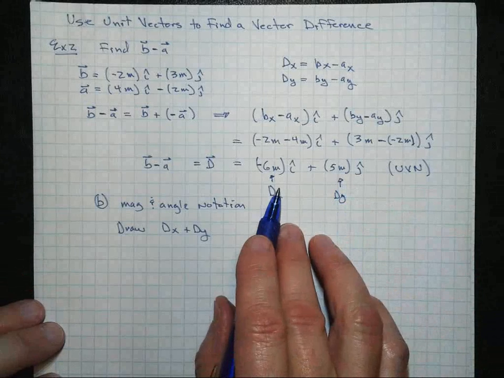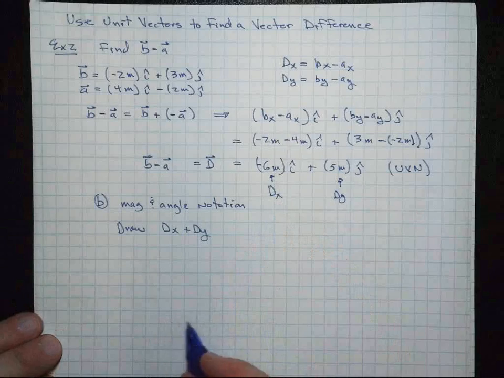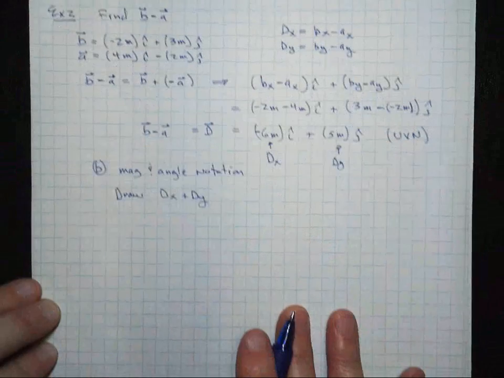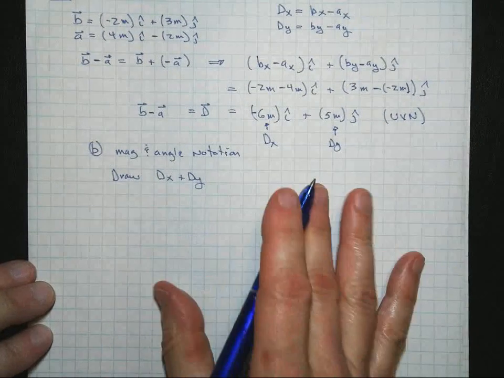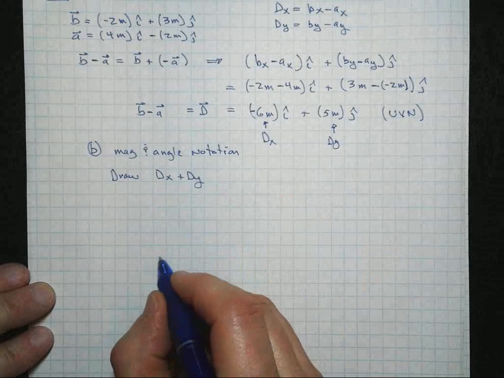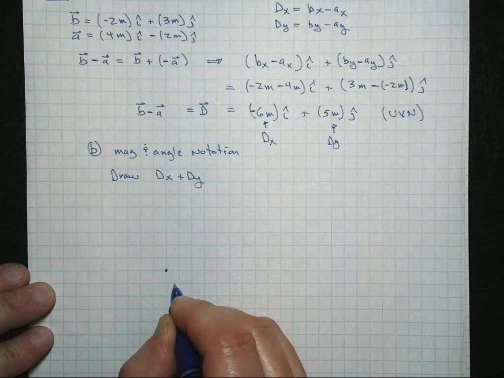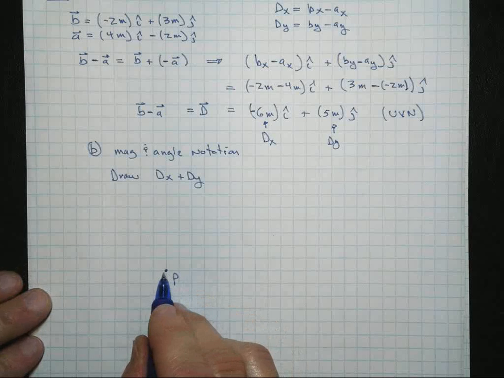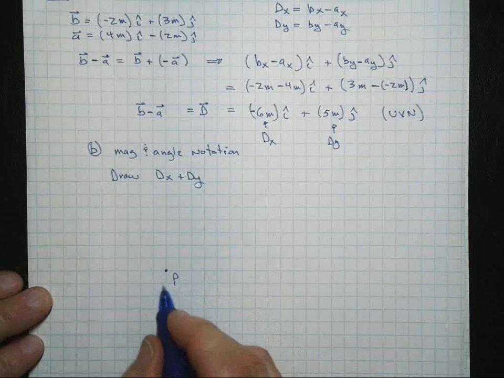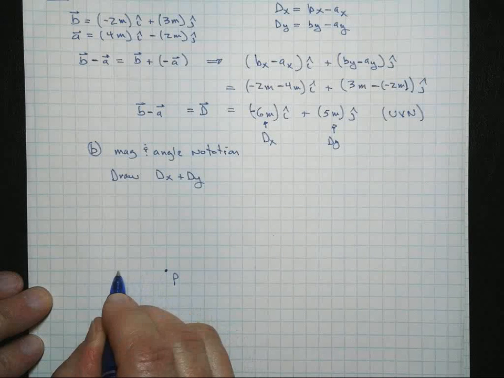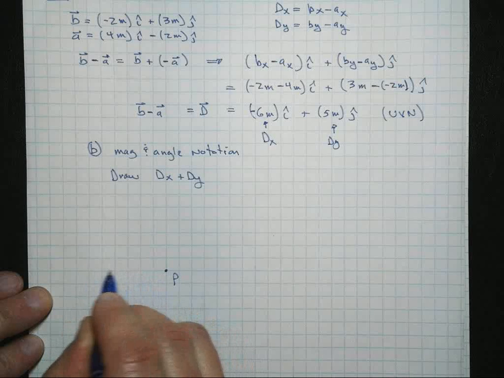I'm going to come down here and actually draw this and use the graph paper to do it. We're going to put point P right here, which would be our origin. We're going to go over to the left 6 blocks.